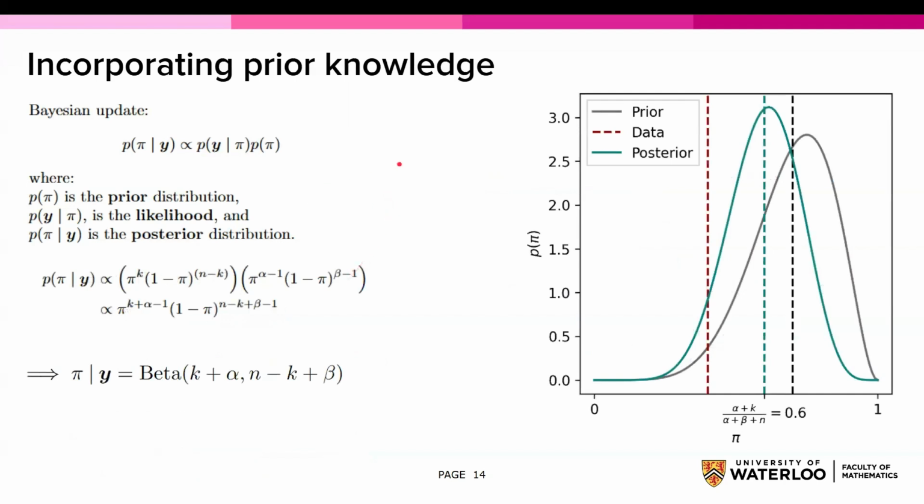But what happens exactly when we combine our prior knowledge about the probability of a windy day, which we denote as pi, with the newly observed data using this Bayesian update?